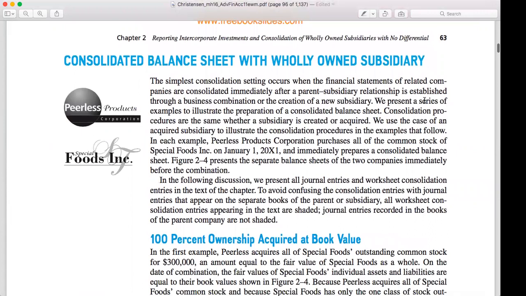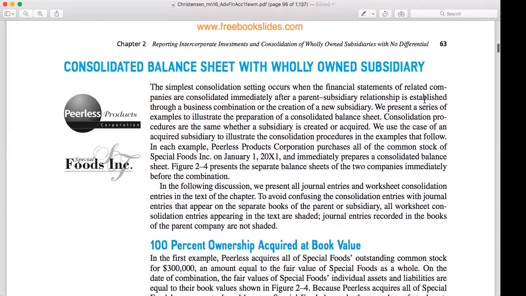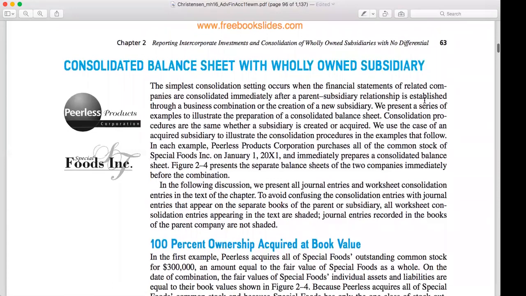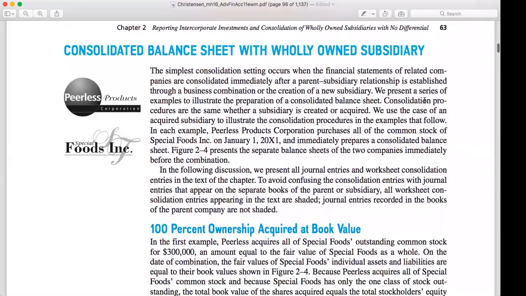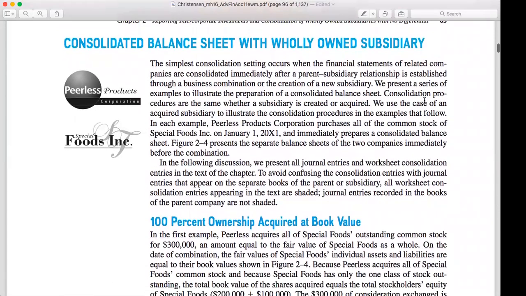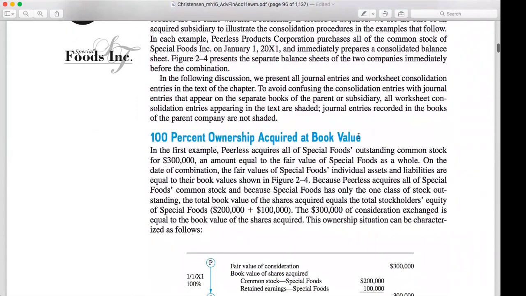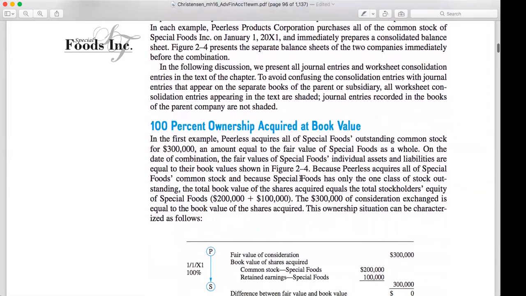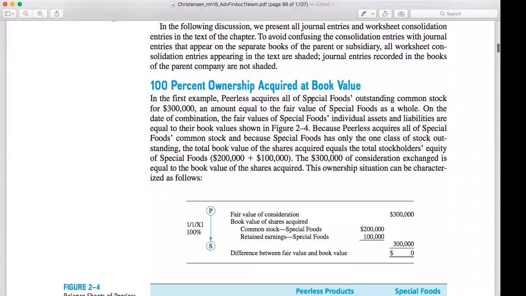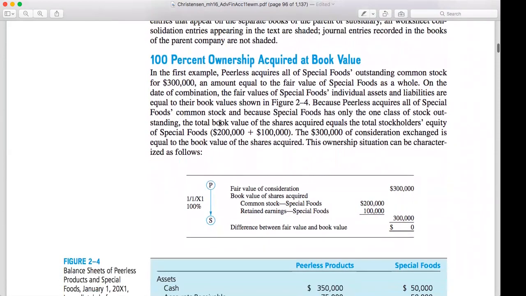And then this is a consolidated balance sheet with wholly owned subsidiaries. So let's have a look at the example here. Peerless Products Corporation purchases all the common stock of Special Foods. So it means that it is acquiring 100% ownership, right? All of Special Foods' common stock for an amount equal to the fair value. On the date of combination, the fair value of Special Foods' individual assets and liabilities are equal to their book value.